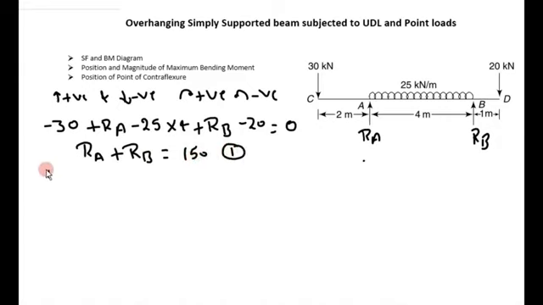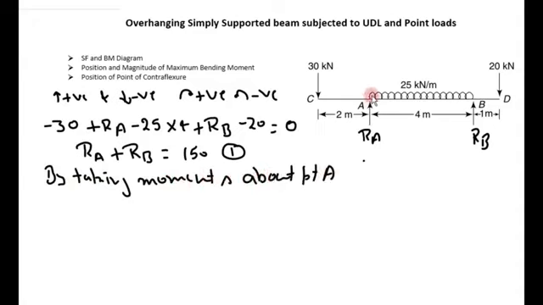Now by taking moments about point A, consider A as the center. The first force is 30 kilonewton. It is at a distance of 2 meter from point A and it tends to rotate the beam in the anti-clockwise direction, so take it as negative.